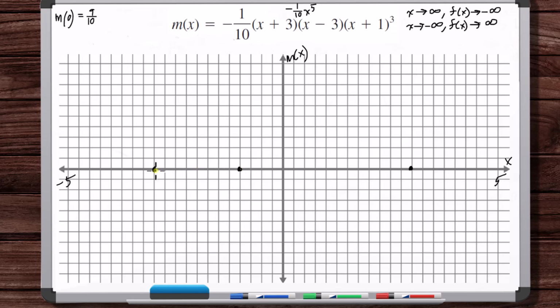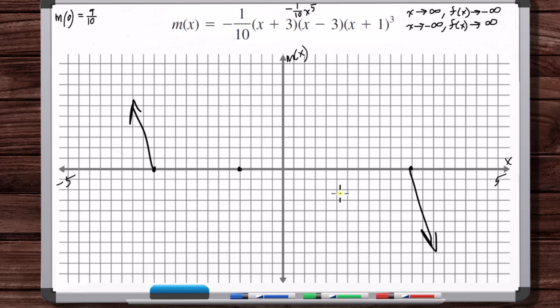Okay, so we have the endpoint behavior and the x-intercepts and their multiplicity. So we know the curve is going to look something like, as x goes to infinity, this goes to negative infinity, positive infinity.